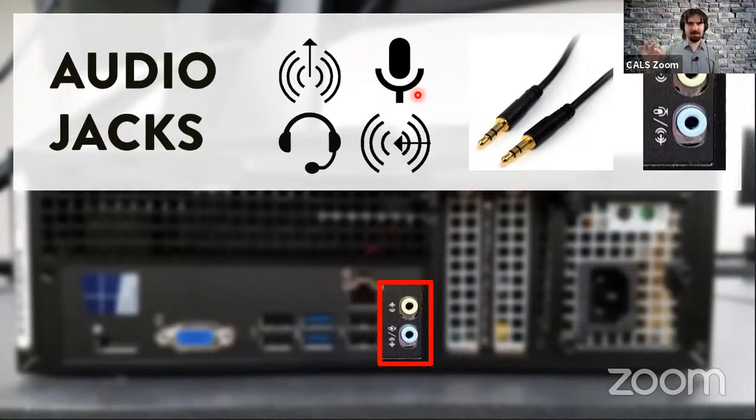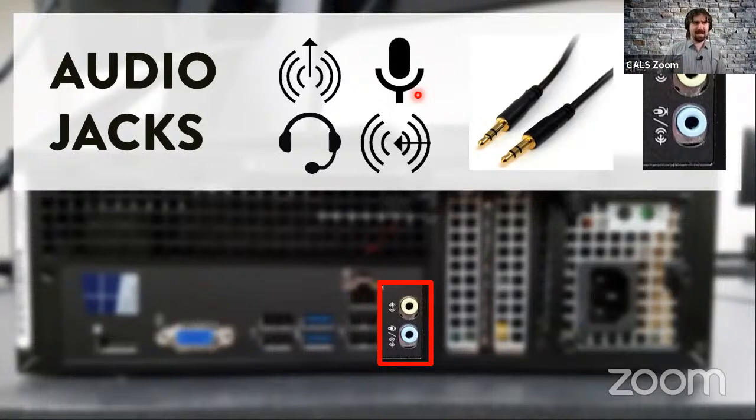It could be a microphone that sits on top of the desk. It could be a microphone on a little headset that goes in front of your mouth. Could be a number of things, but regardless, you'll probably have a microphone jack somewhere on your computer, because a lot of folks use their computers for things like Zoom, or even for recording audio.